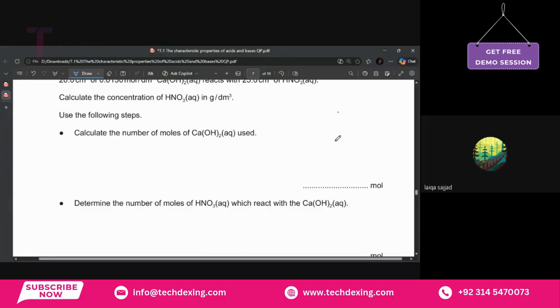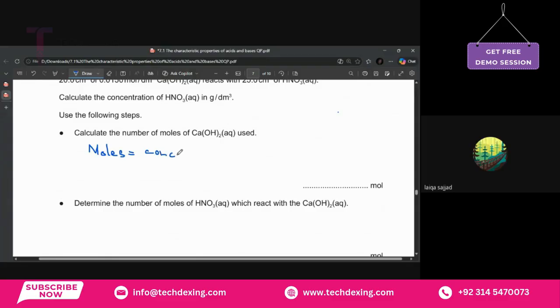Number of moles is equal to the concentration times volume, right? Have you learned about these formulas in your school, and have you solved this type of question in this chapter? I think so. I have. Let me just quickly check.